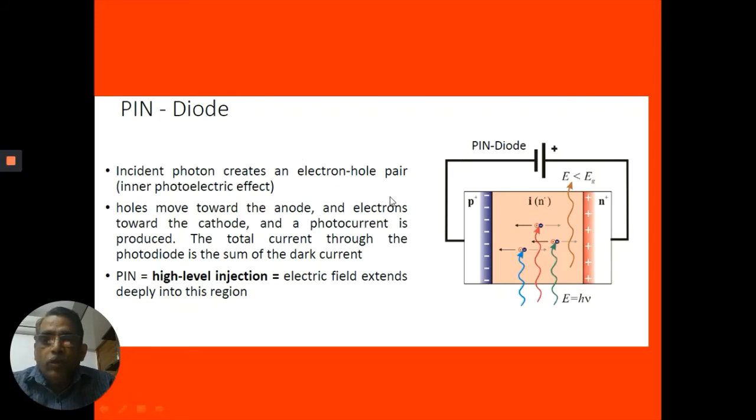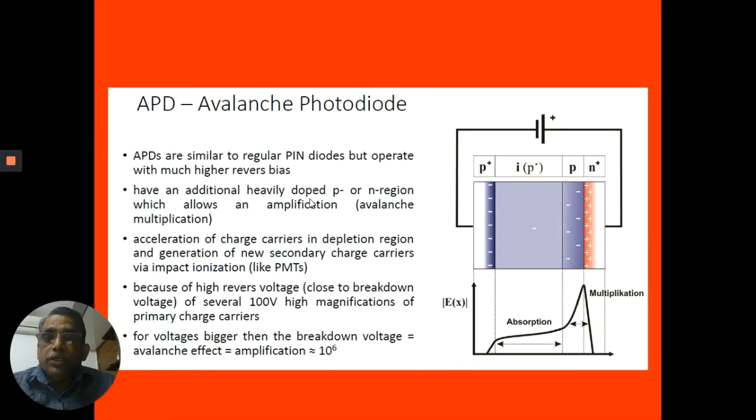Now in the pin diode, when light falls on it, you have hole and electron separation, and they flow across the PN junction. The high level of injection and electric field makes it applicable for highly sensitive applications, and also for high frequency applications. Now if you go for an APD, it really finds high frequency application. An APD is again a pin diode, but operates in reverse bias.